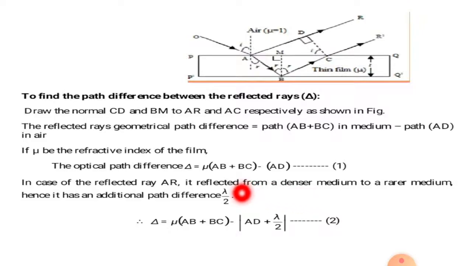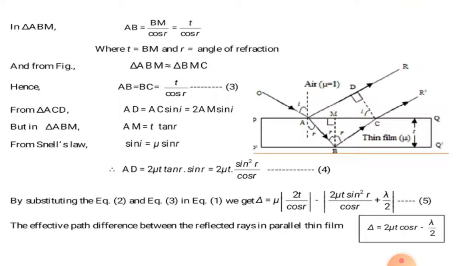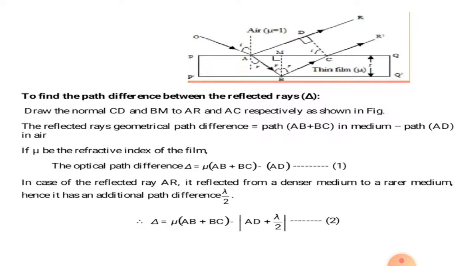Next, we find the values of AB, BC and AD separately, by using this ray diagram. First we find the value of AB.